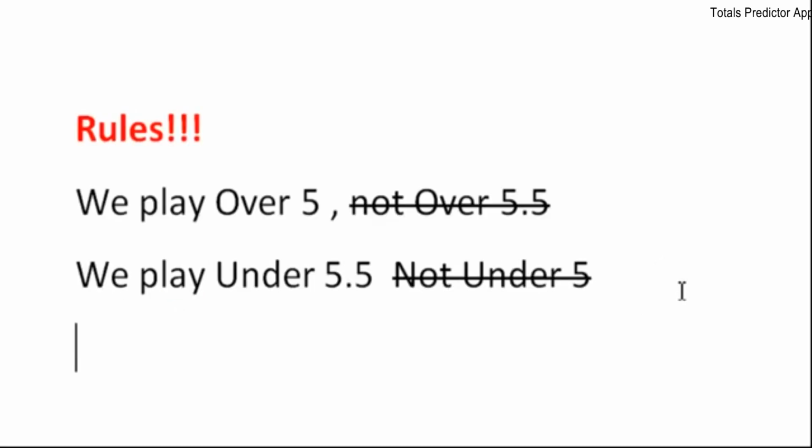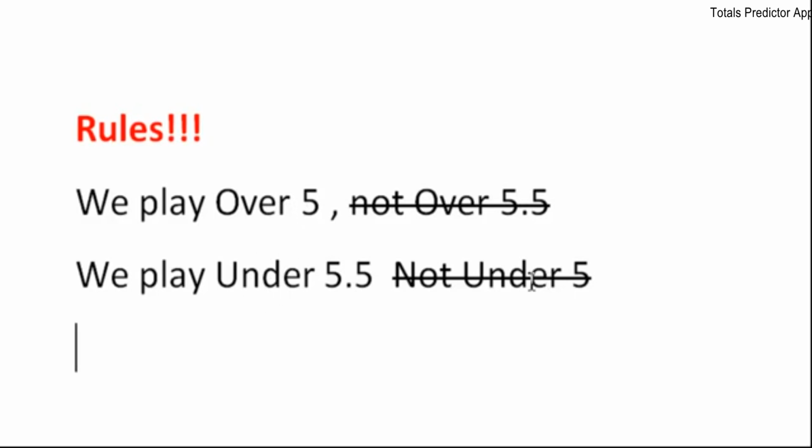That's called a push. Here are two important rules for you to remember when using the totals predictor. We always play over 5, never play over 5.5. And for unders, we always play under 5.5. We never play under 5. If you play over 5.5, you'll get a lot of losses instead of pushes. When the game ends 3-2, it's the most frequent score.